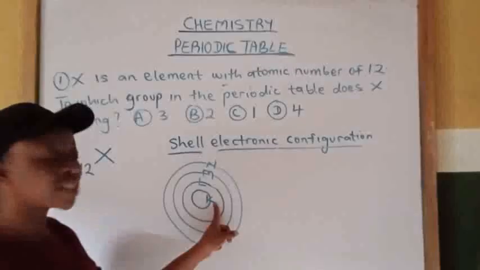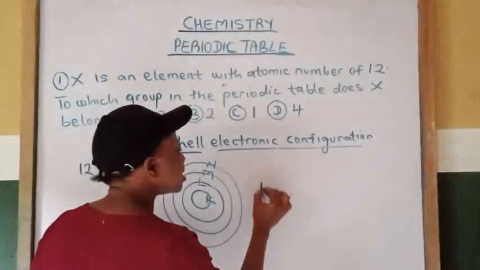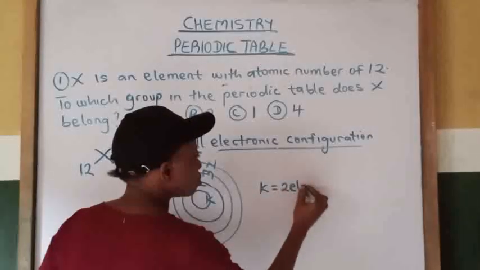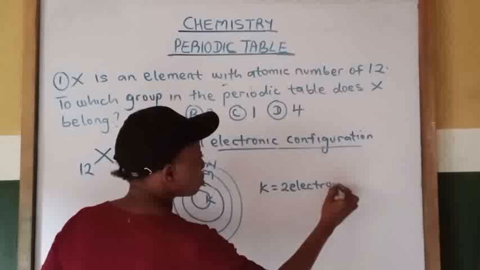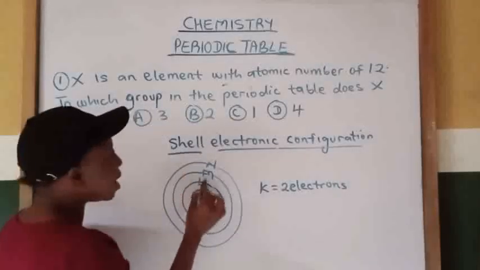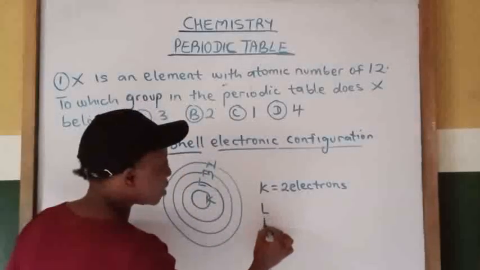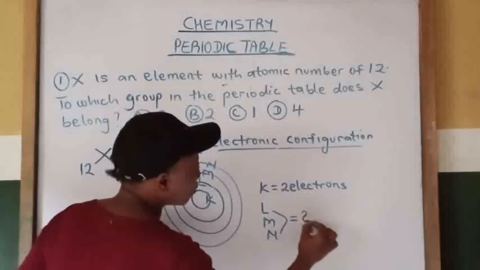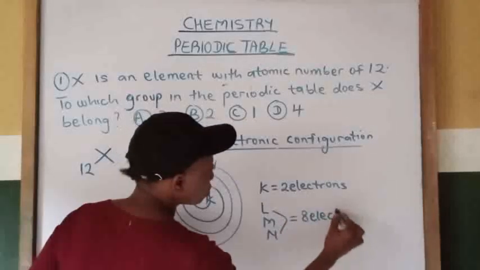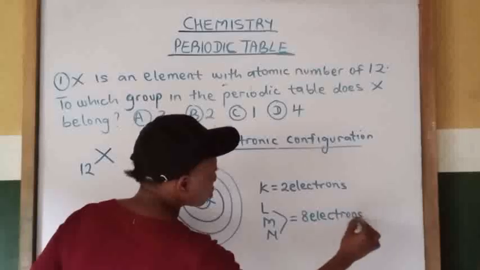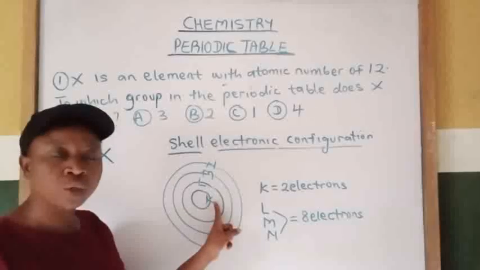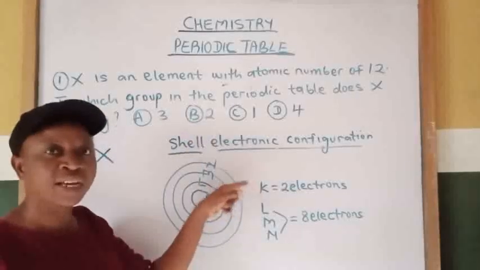The first shell, which is K shell, carries a maximum of 2 electrons. Then L, M, N shells carry a maximum of 8 electrons. The rule is that if you don't complete the first shell, you must not move to the next shell.